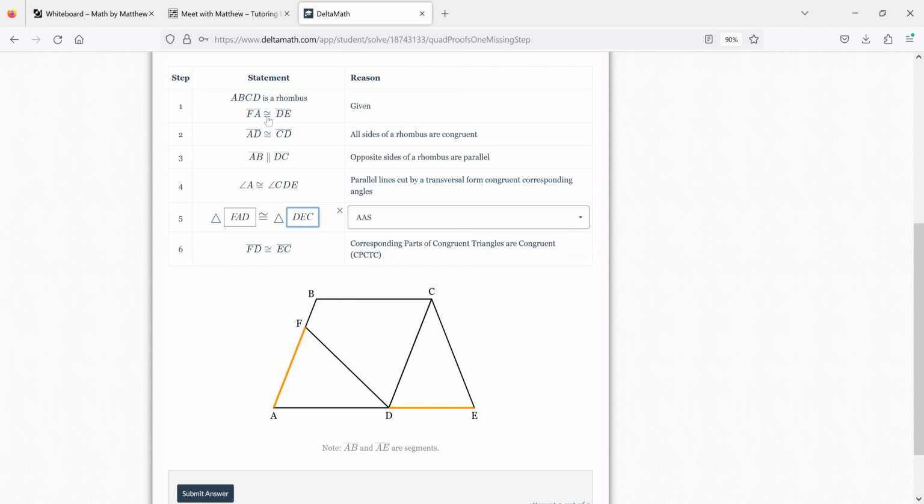Okay, so that side, oh, it's going backwards. FA to DE, AD. Why is it that way?